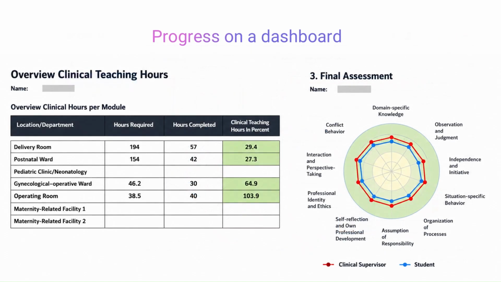The final example shows how progress can be visualized through reporting dashboards. Institutions can monitor practical experiences, completed hours, assessments, and other program requirements. These dashboards help ensure that students remain on track and provide evidence for accreditation and quality assurance processes.